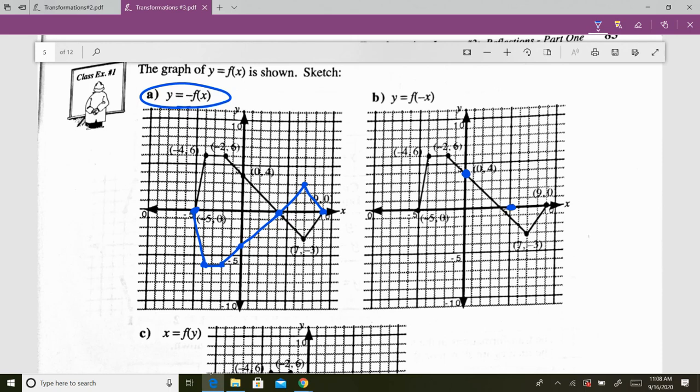This is where it gets confusing. -4 becomes +4. 2, 4 becomes -3. 7 becomes -7.